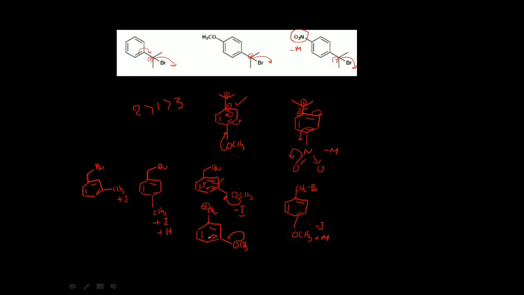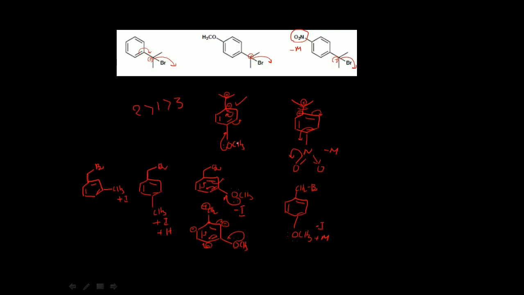As a result, at the ortho position electron density increases, at the para position electron density increases, and at the other ortho position electron density increases. But the attached positively charged carbon is not gaining any charge. That means the plus M effect of the OCH3 is not working with this positively charged carbon.